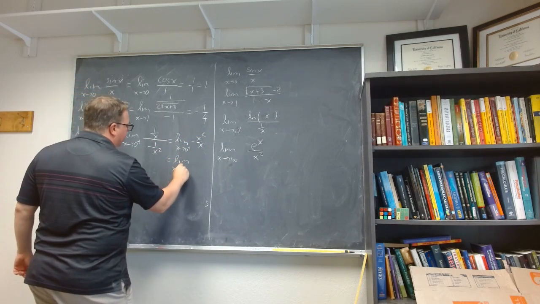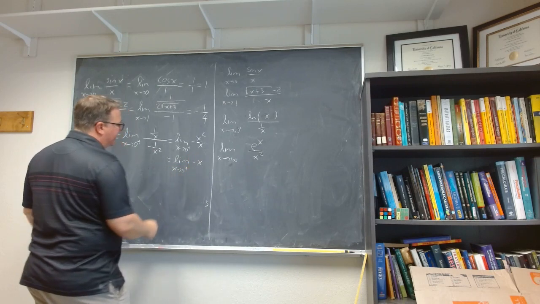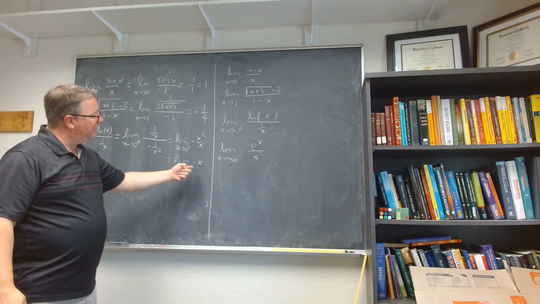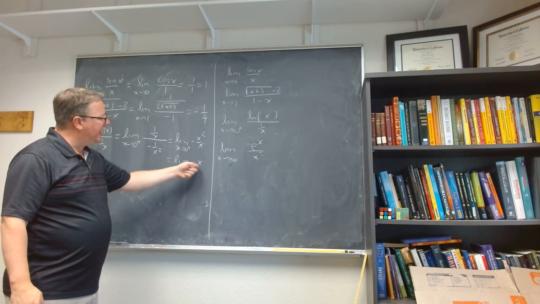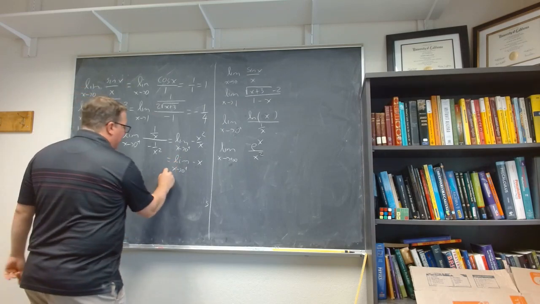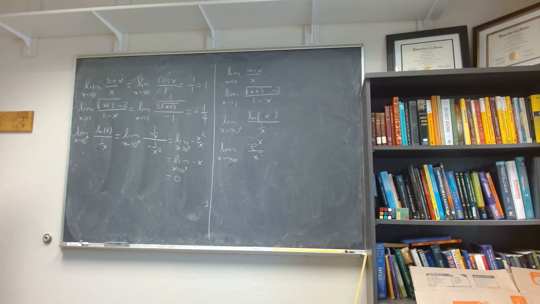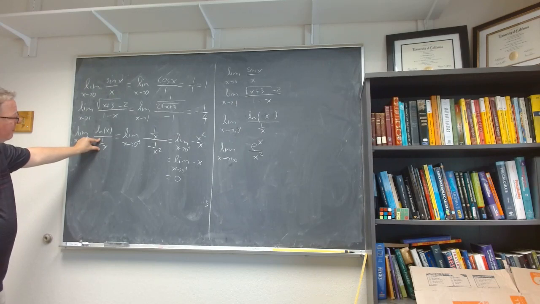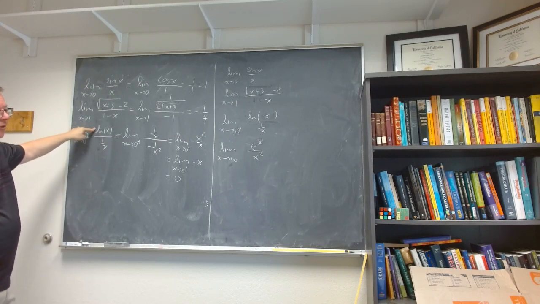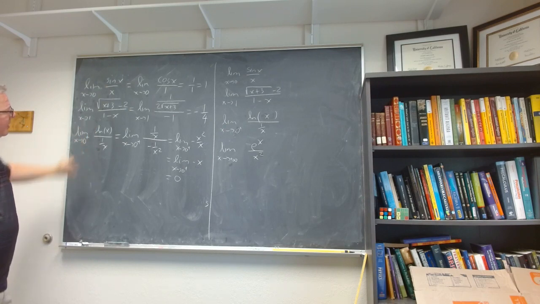Limit as x goes to 0 from the right of negative x. And now we're not dividing by 0, so we can just plug in 0, and we get that this goes to 0. So this is interesting. This is saying that 1 over x goes to infinity faster than the natural log of x. So this is a useful result.